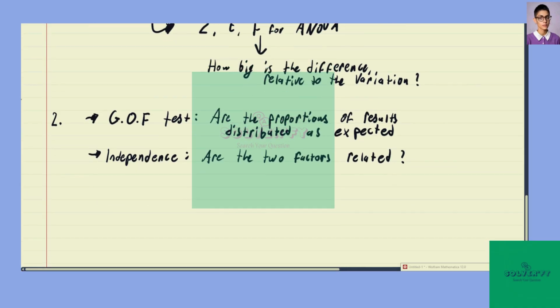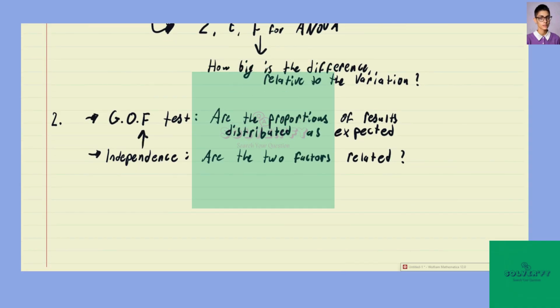We can think of the goodness of fit test as a special case of the test for independence, because if you have categories A, B, and C, and we have the hypothesis that there is no difference between them, then we want to see, is there any relation between frequency and the category?